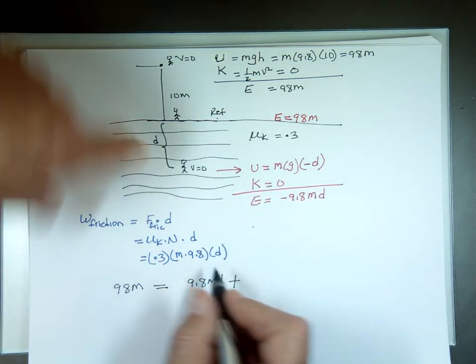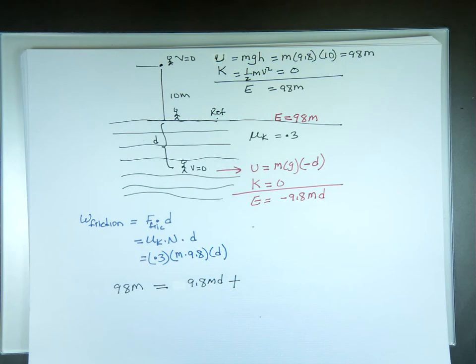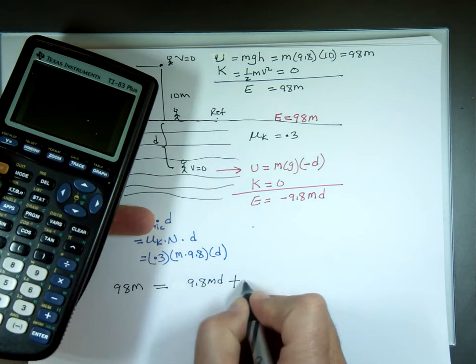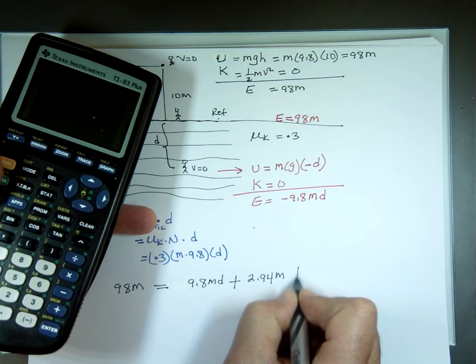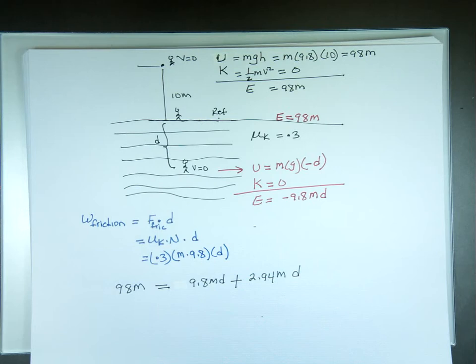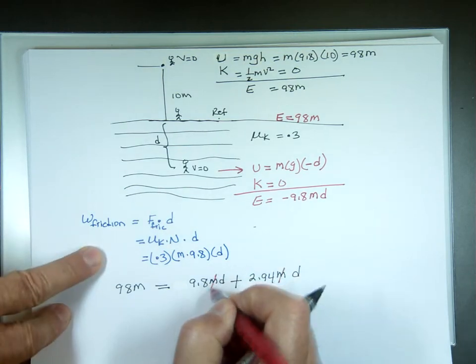What's 0.3 times 9.8? 2.94? And notice the m's actually cancel each other out because it shows up in every one.